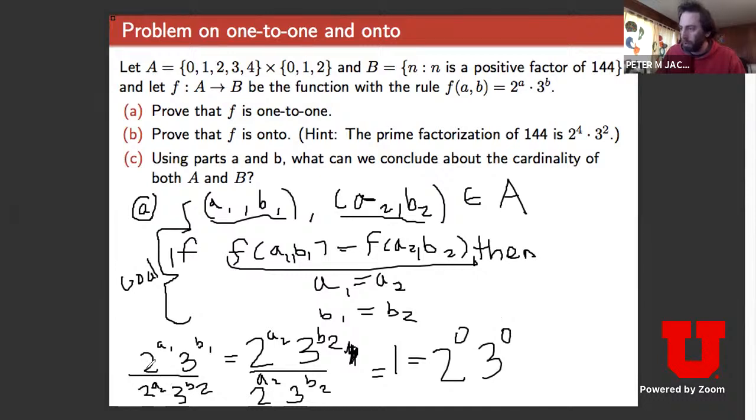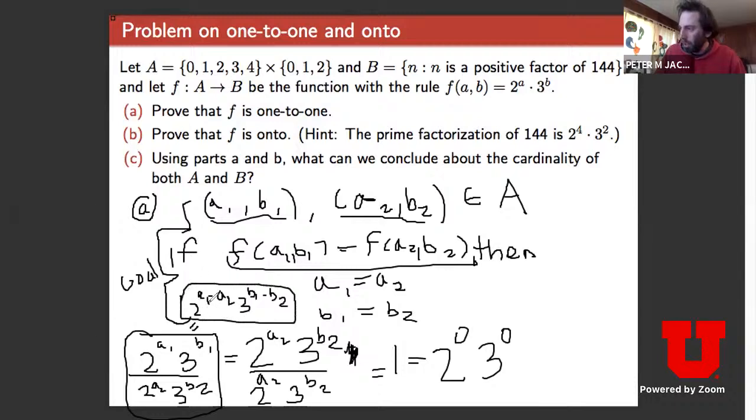And the reason that's useful is because this side here is equal to 2 to the a1 minus a2 times 3 to the b1 minus b2. Okay, so now we have that this thing here is equal to this thing here.